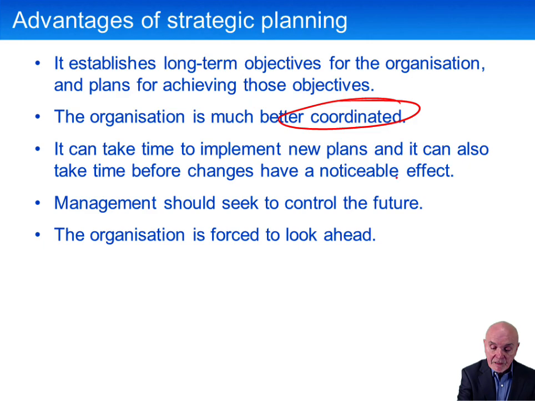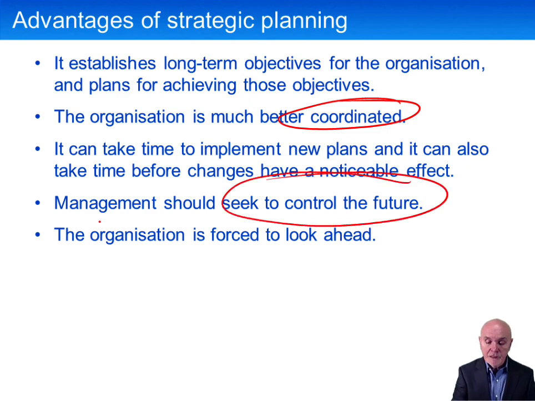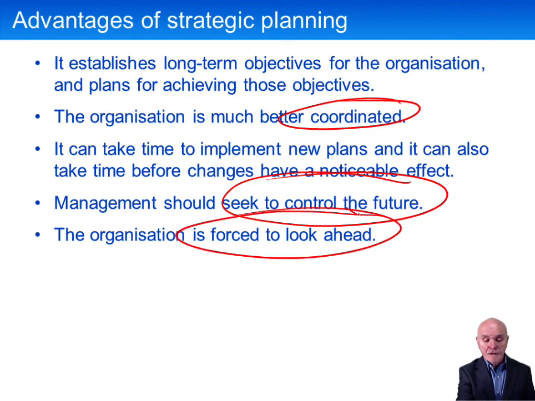Secondly, maybe you can control the future. You look into the future and you see something you don't like, maybe a proposed law. What you can do is maybe to try to put some pressure on government, to try to lobby, advertise, get a newspaper on your side, perhaps to get that changed slightly. But above all, strategic planning forces you to look ahead.